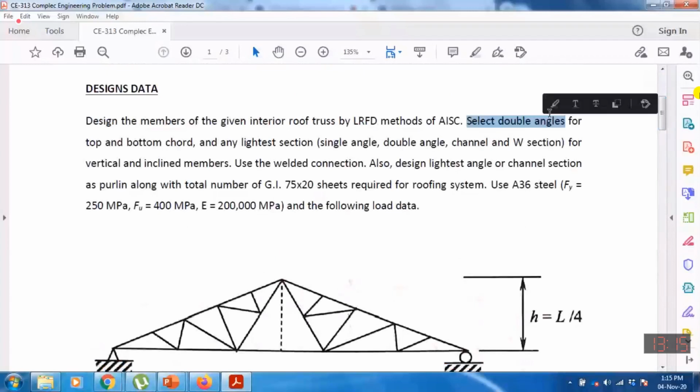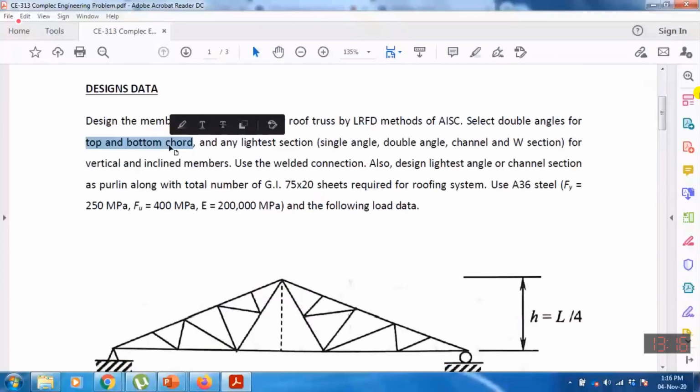How you will design the double angle built up section, we will discuss in our theory part. The top chord and bottom chord members you will design by considering a double angle or built up section, and any lightest section: single angle, double angle, channel or W section, whichever is the lightest.